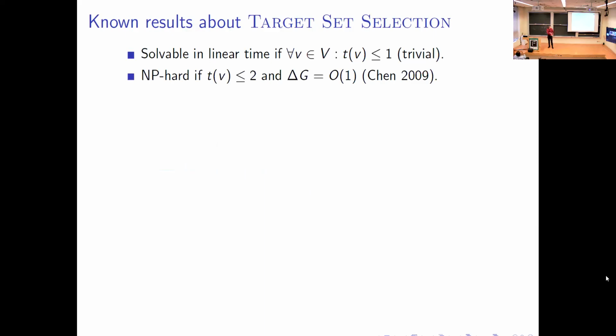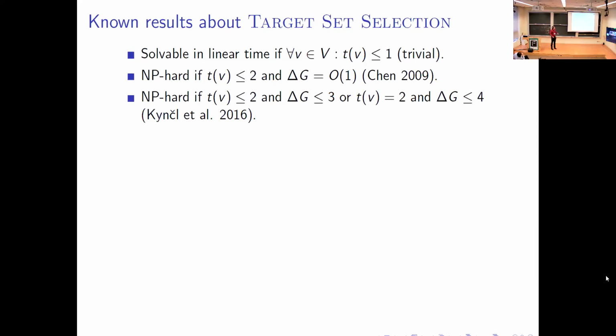For some known results, let's start with a trivial case. If thresholds are at most 1, then this problem is trivial, because if I get a connected component in the graph and I activate one vertex, then everyone else in the component gets activated. Of course, if the thresholds are at most 2, then the problem becomes NP-hard, even when the maximum degree of the graph is constant.